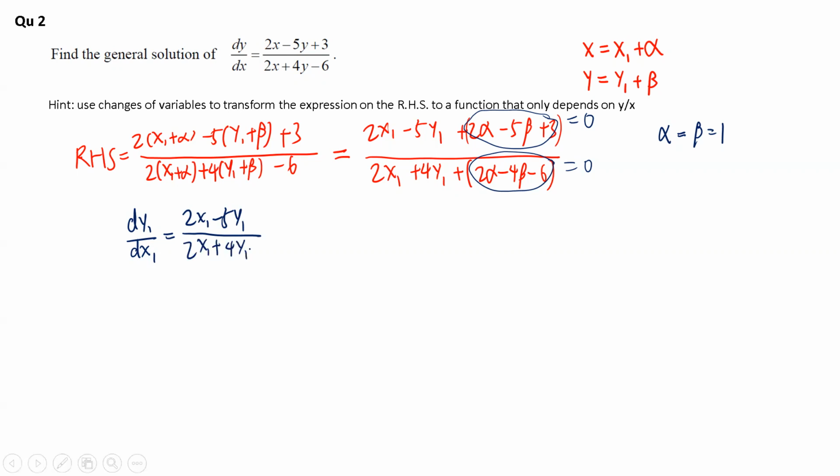Now you do the tricks that we learned. You let y1 equal v x1.